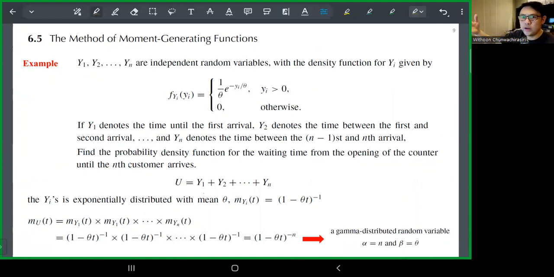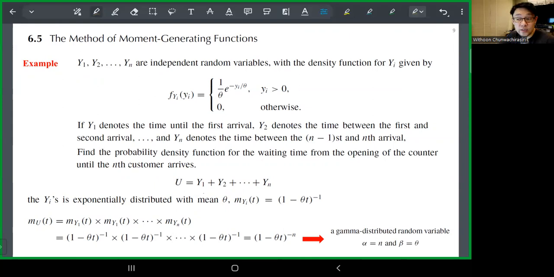This is pretty realistic because, remember back when we studied the exponential distribution, we said if you model the arrival times of customers in front of a convenience store or the arrival of cars at toll booths, those are exponentially distributed. So this is exactly what we want, right?